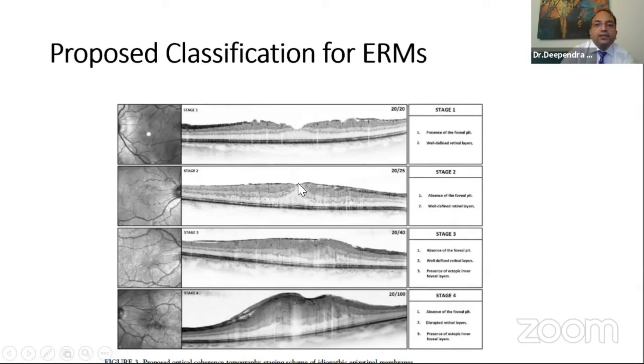So the pit is lost, and there is elongation of foveal cones. Outer nuclear layer gets elongated, but the foveola is still devoid of any of the layers which are not there normally. And in stage 3, you have all what you have in stage 2, but apart from that, there is invasion of inner nuclear and inner plexiform layers in the foveolar area.